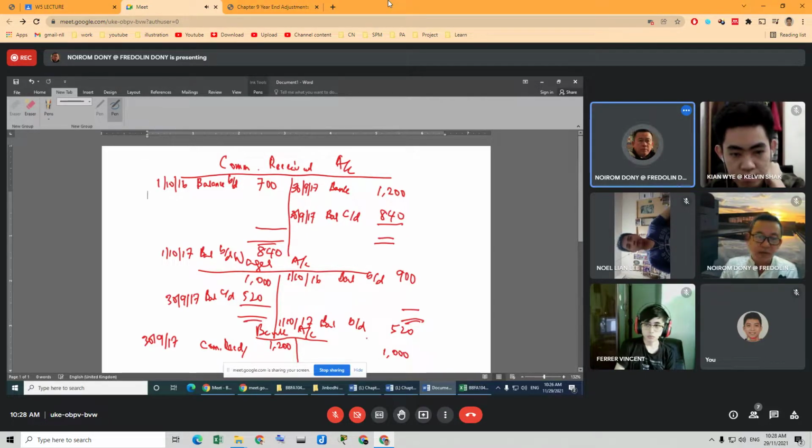The corresponding entry must be debit. So the particular in the wages account will be bank. The particular in the bank account will be wages. And the date, I put the last day of the year, 30th of September.